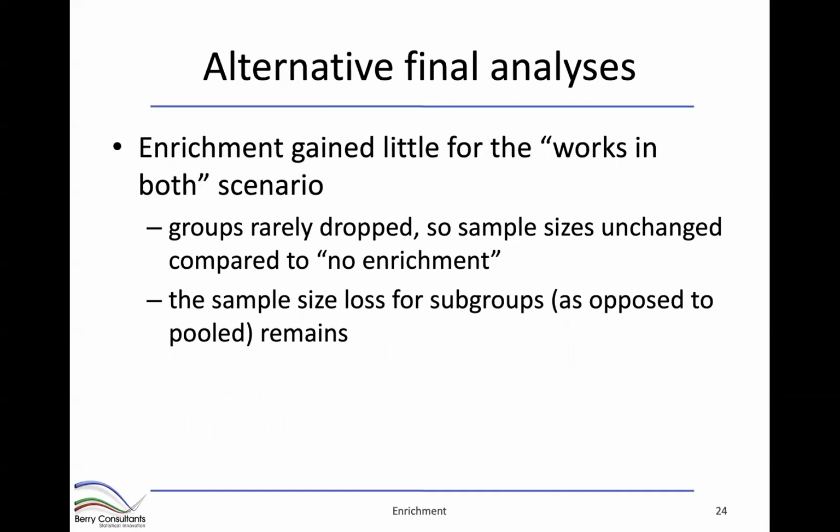All right, so that was my main message, that by doing the enrichment, you're focusing the enrollment over time. You can get more patients on the effective subgroups, and thereby you can investigate subgroups with a smaller sample size. I did that particular discussion for just analyzing the subgroups separately.